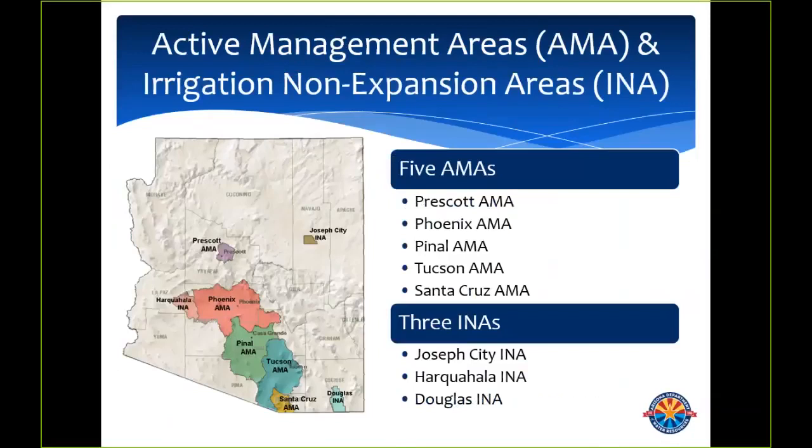Outside the colored areas on the map, we might have access to some water level data, calculated water use estimates, those sorts of things. But the data outside the active management areas and the irrigation non-expansion areas is really pretty limited, and the level of reliability is not as good as inside these regulated areas.